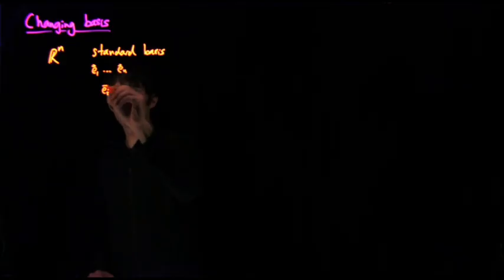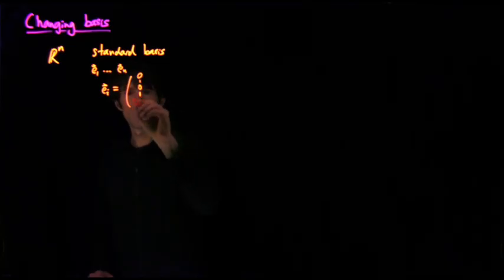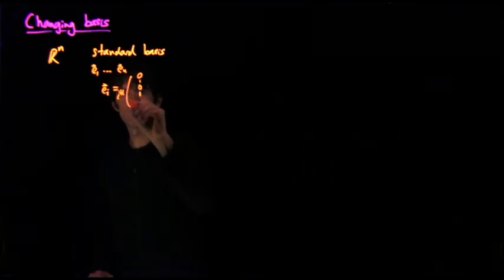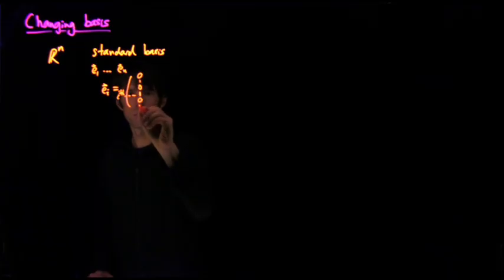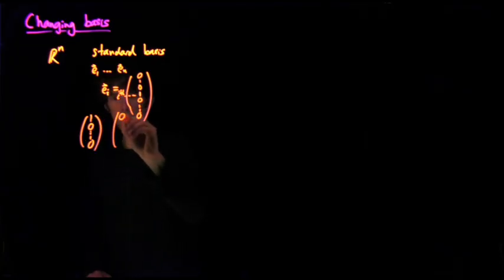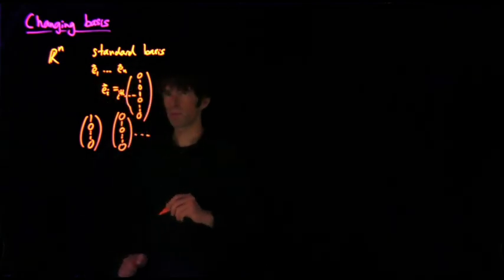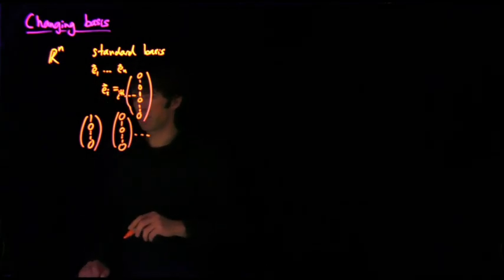So just to remind you, ei is the vector which is all zeros, and then it's got a 1 in the ith position, and then all the rest zeros. So they start off 1 and then zeros. The second one is 0, 1, and then zeros, and so on. So this is the standard basis.